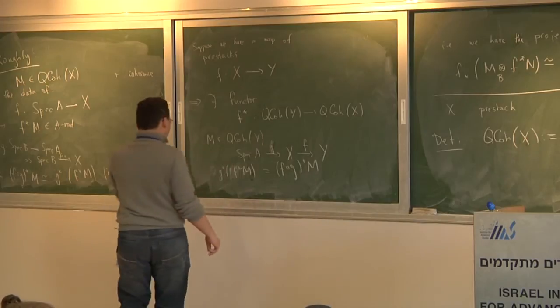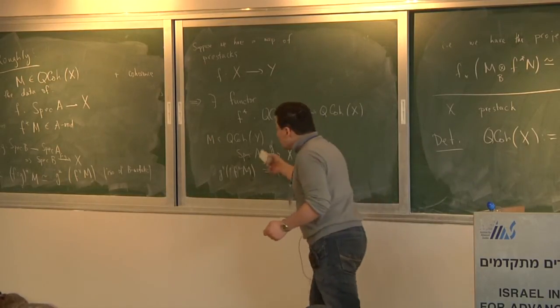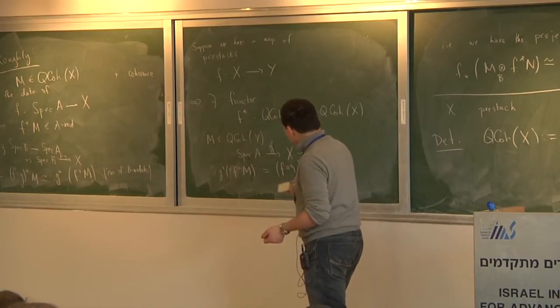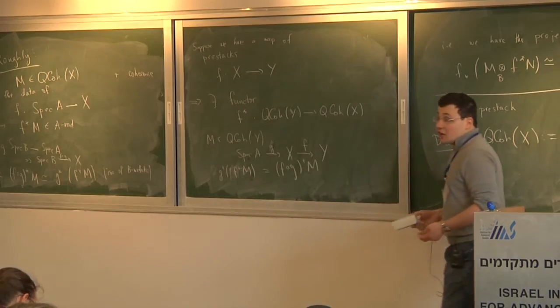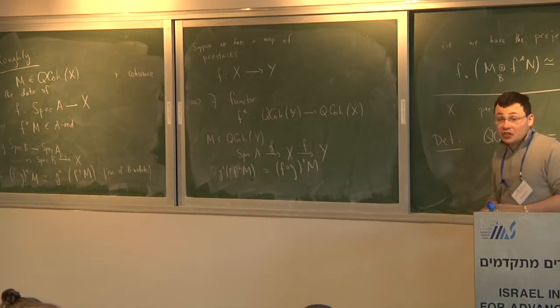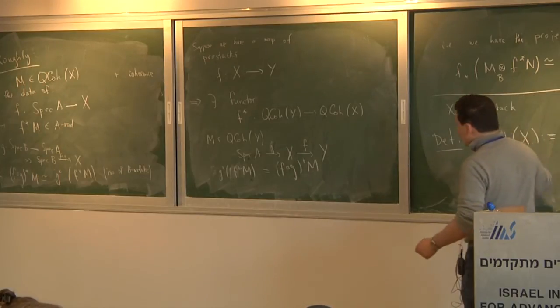I've only defined it for every map, but it's easy to believe that this kind of assignment satisfies all the coherence conditions, just because it did for y.